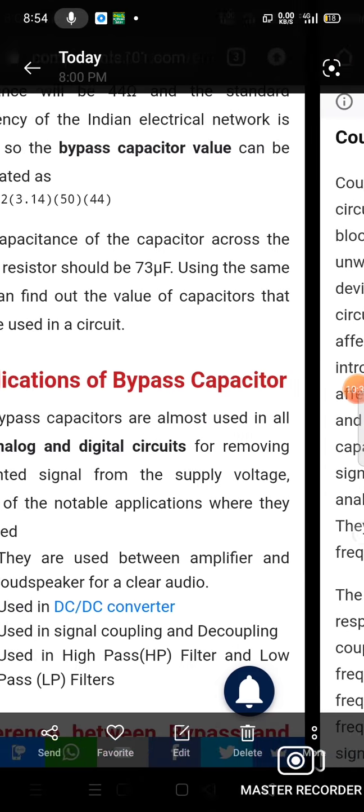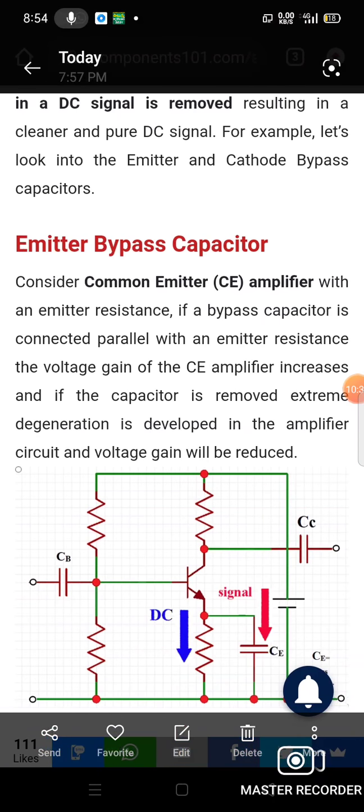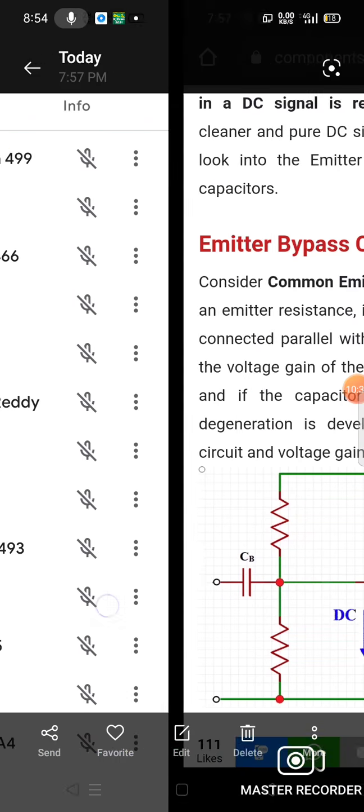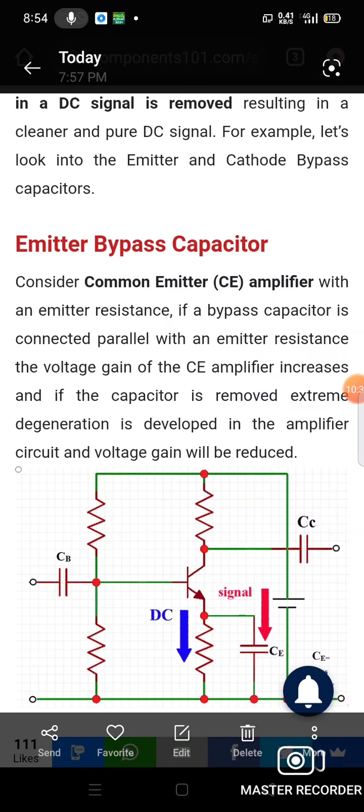Next, what is the emitter bypass capacitor? At the emitter terminal, we have one more capacitor, CE in this diagram. This is a common emitter configuration, so the emitter capacitor CE is called the emitter bypass capacitor. What is the function of this capacitor?